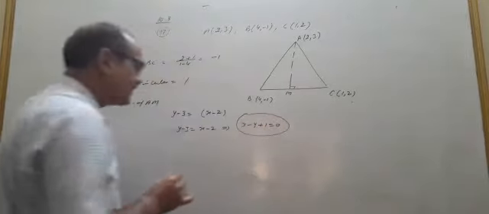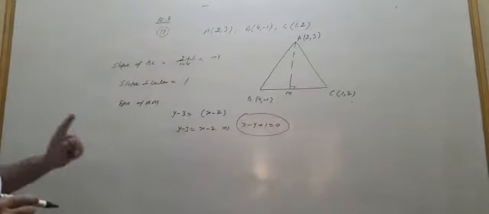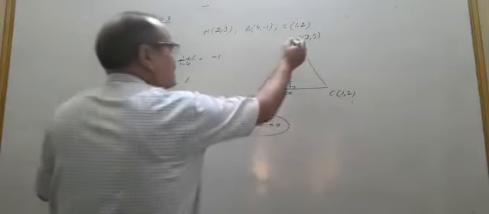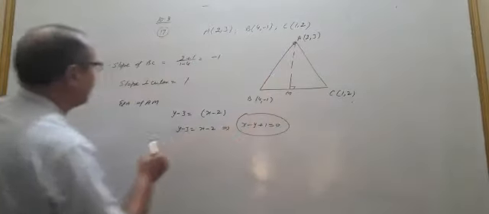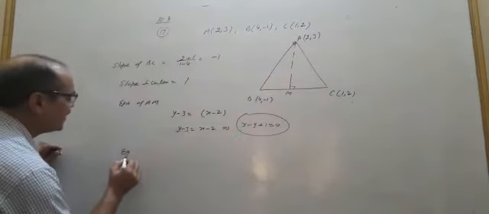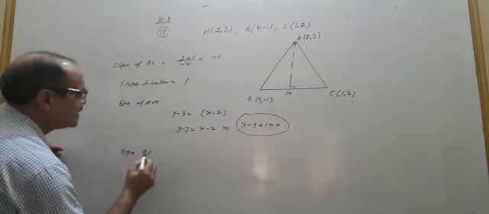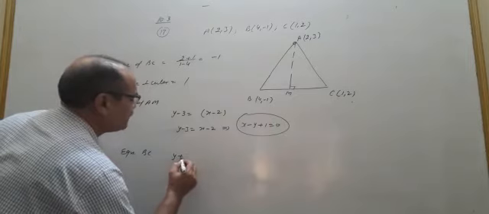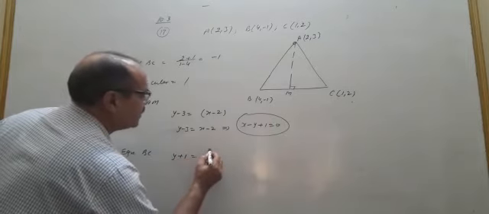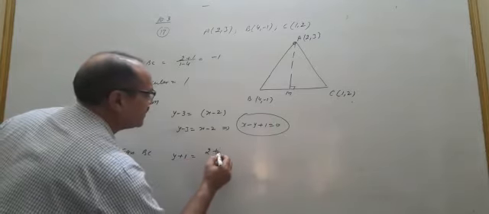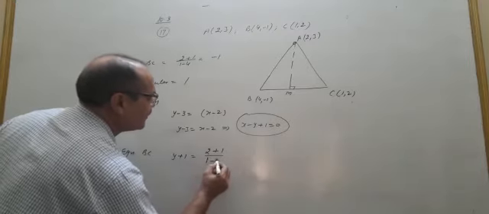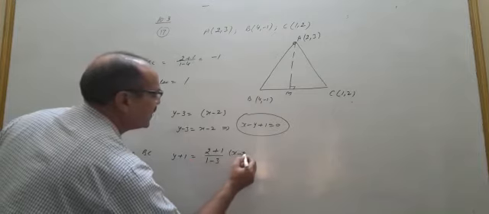Okay, after getting the equation of altitude, आपको equation of altitude के बाद length निकालनी है। तो length of this vertex from BC, अब मुझे equation of BC लानी पड़ेगी। equation of BC that is by 2-point form, y minus y1 is equal to y2 minus y1 upon x2 minus x1 and whole into x minus x1.